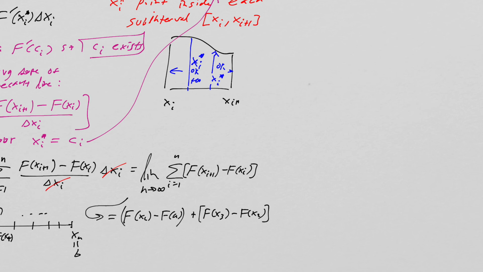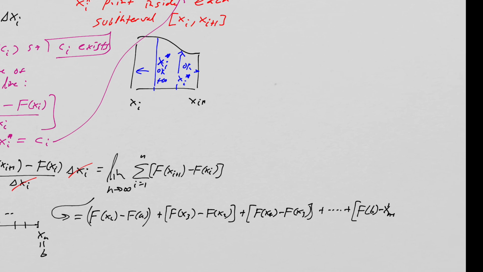That'll be the second term, plus f of x4 minus f of x3. And we're going to keep going until we get to f of b minus f of x n minus 1. Let me write that more carefully.